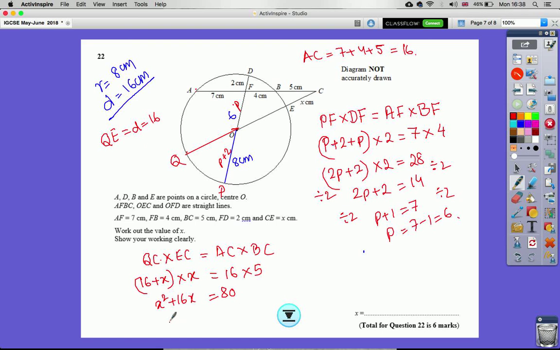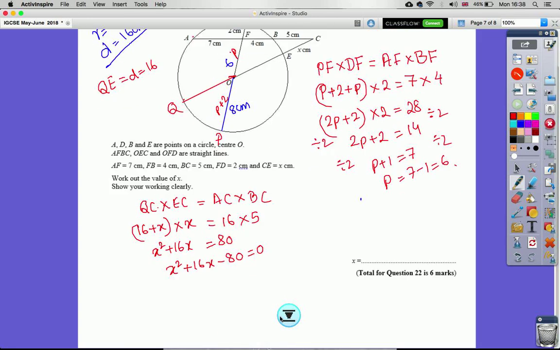Bring everything to the left side, so I get x squared plus 16x minus 80 is equal to 0. I'm going to use quadratic factorizing. Two numbers multiplied together giving you minus 80, when you add, you get positive 16. So minus 80 can be written as 20 times negative 4. So I can write it as x plus 20 and x minus 4 equals 0.